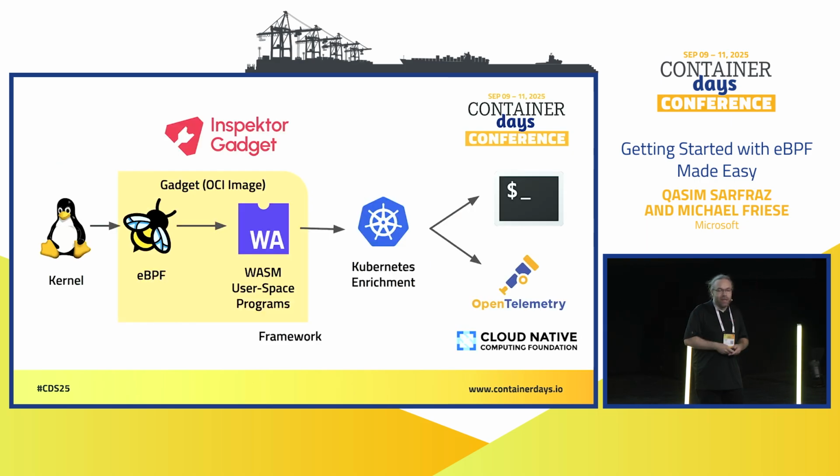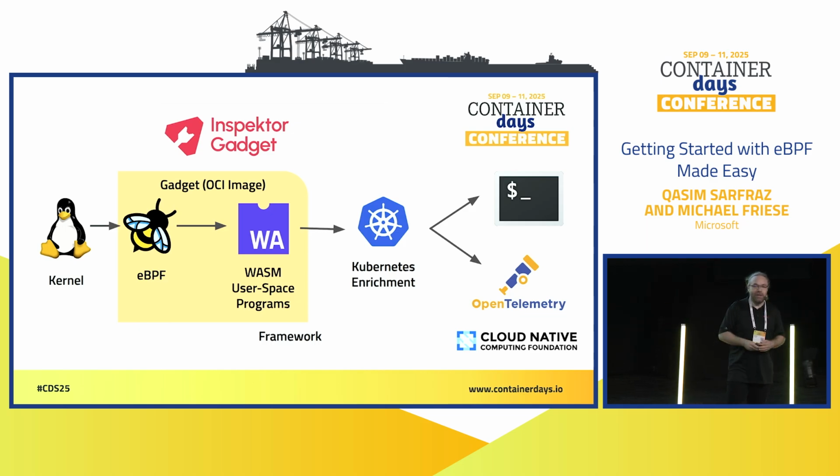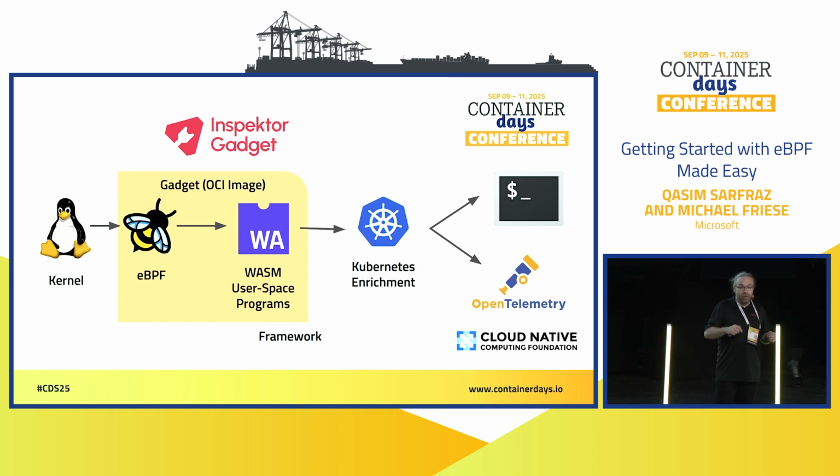So this is why Inspektor Gadget was born. It basically takes your eBPF program, and you can add an optional WASM module to it, and then combine that into an OCI image that you can push to registries and then consume from there, and run. So Inspektor Gadget will do the orchestration for you.